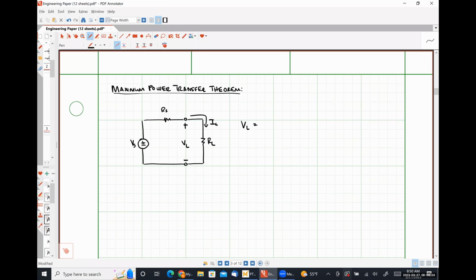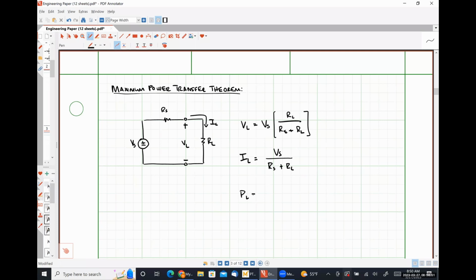VL is given by using voltage division, VS times RL over RS plus RL. And IL is given by VS over RS plus RL.